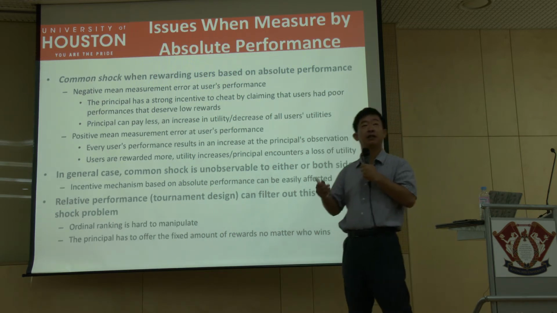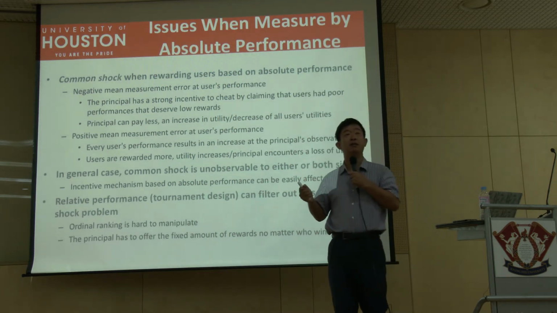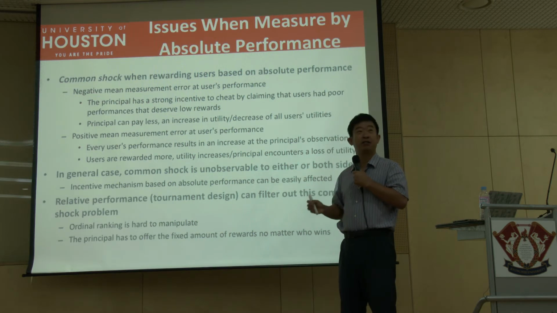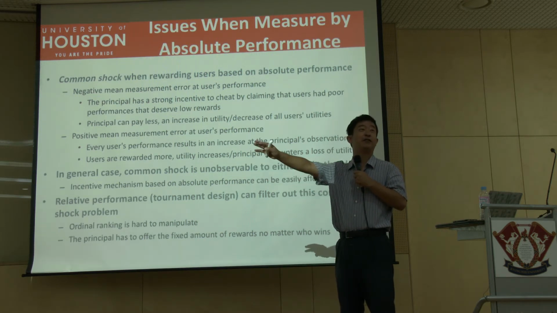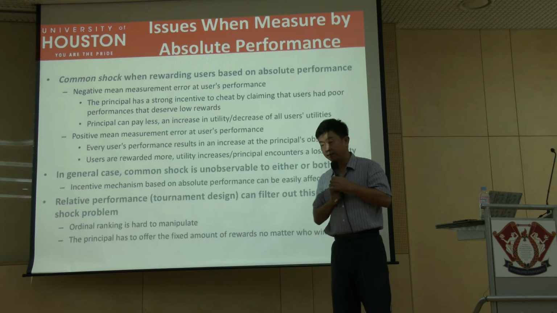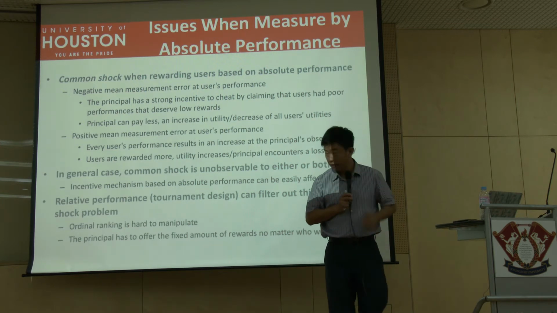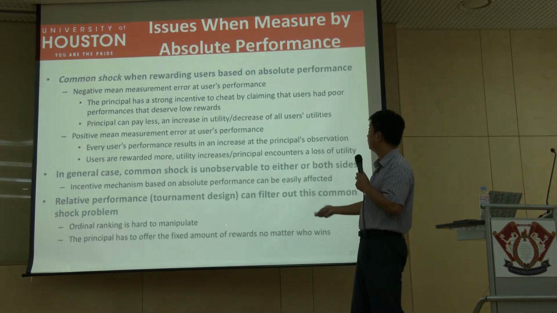For example, in 100 meter running, everybody breaks the world record, but still there's a winner. And why is this important? This is a tournament design. This is contract theory.